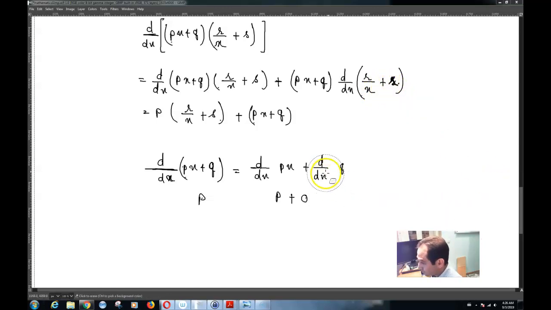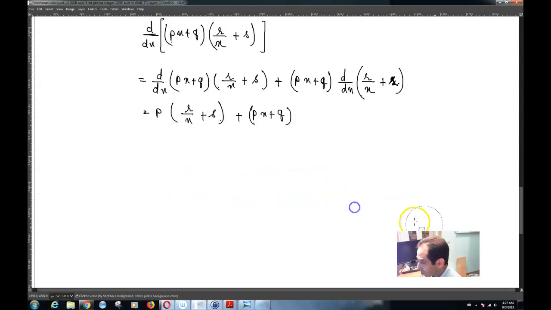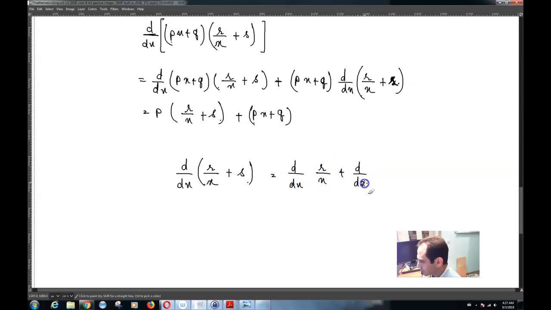For this part, when you have d by dx of (r over x plus s), this is equal to d by dx of r over x plus d by dx of s.